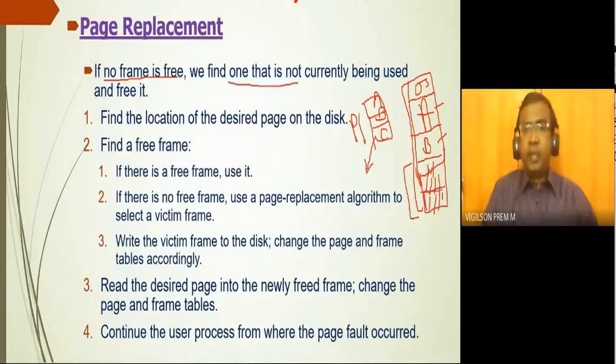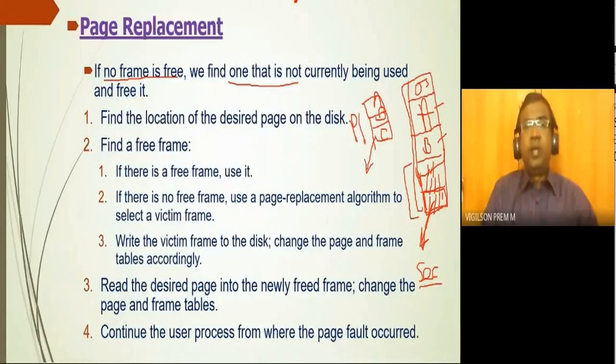Suppose this page is not currently in use, then we will free it. How will we free it? We will move this particular page into secondary storage. From main memory, we transfer the particular block, frame or page into secondary storage.